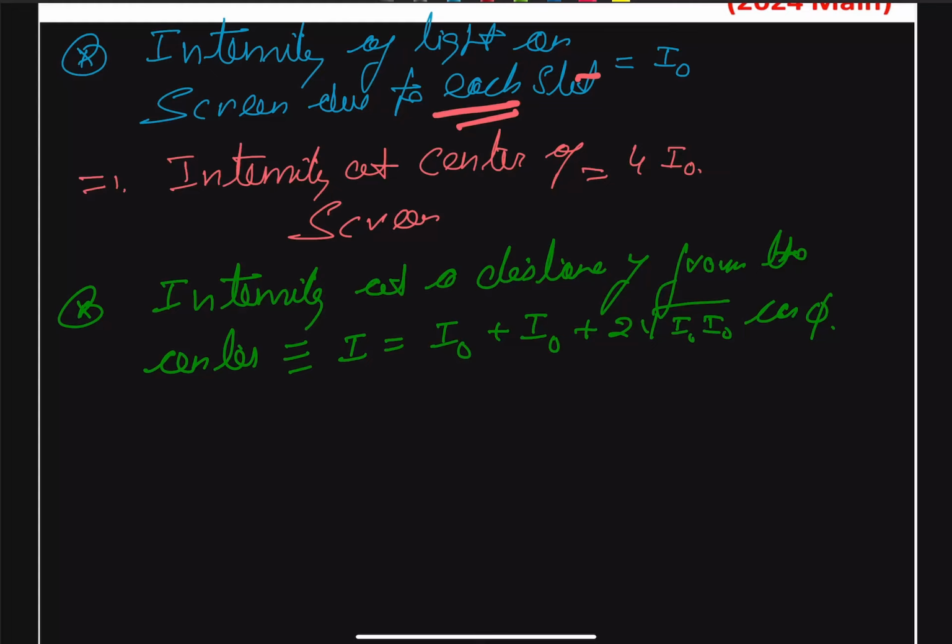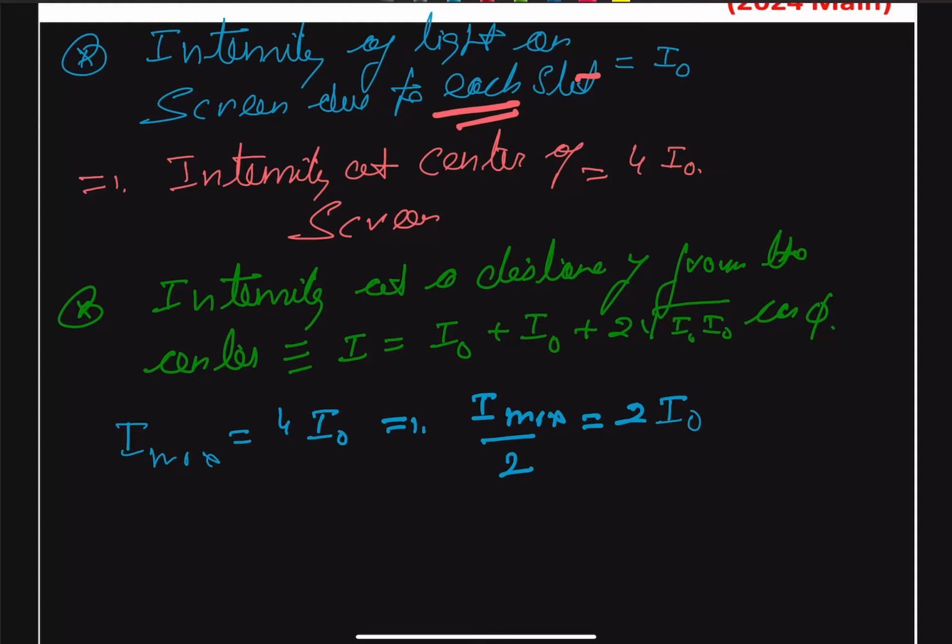And our maximum, that is our I max, is equal to 4 times I naught. From here we can write that our I max by 2 will be equal to twice I naught.